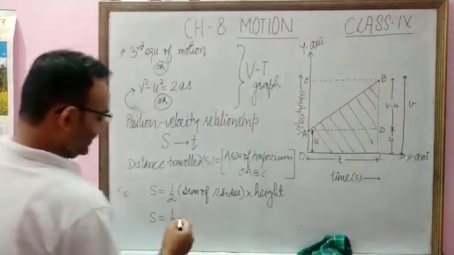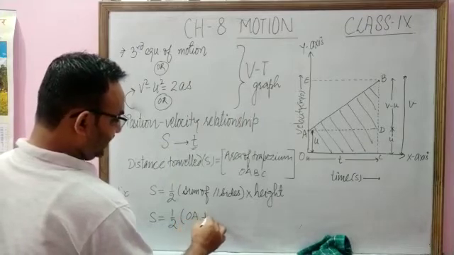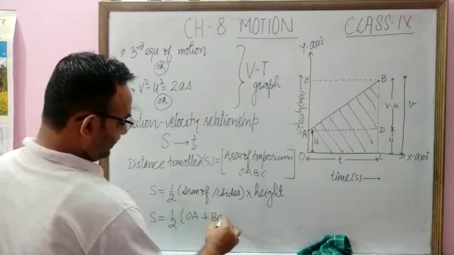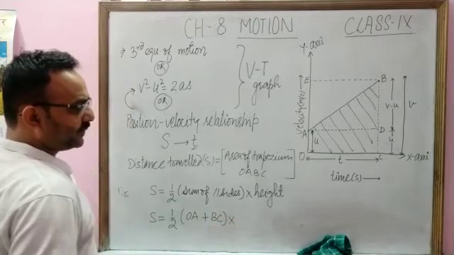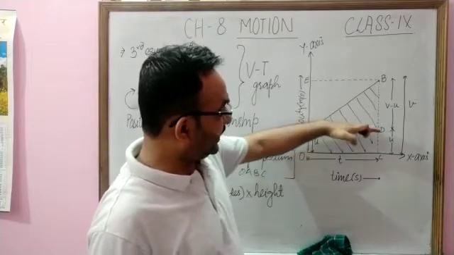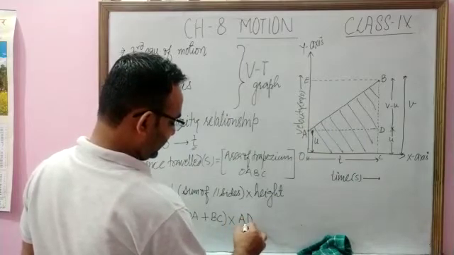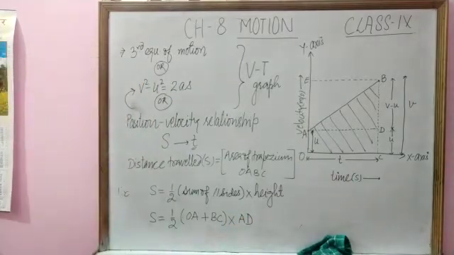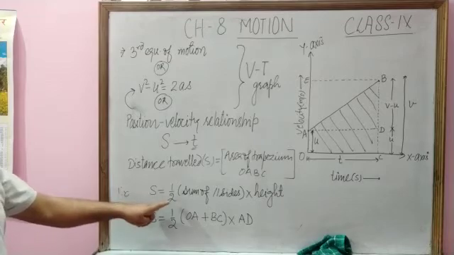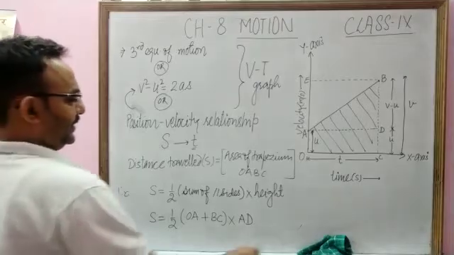So you may write here, OA plus BC into the height, or perpendicular distance between the two parallel sides, that is equal to AD. Is it clear? As per the formula of a trapezium, area is half of the sum of parallel sides into height. Okay.